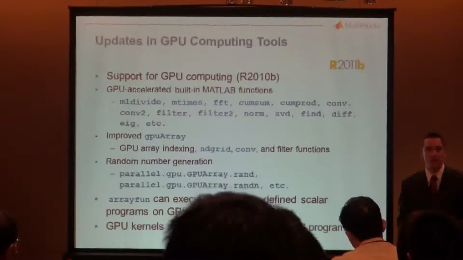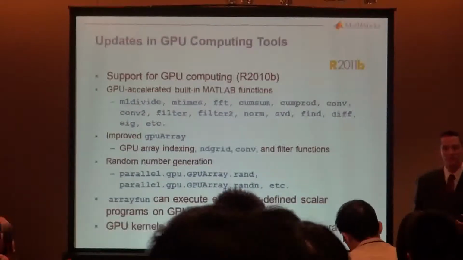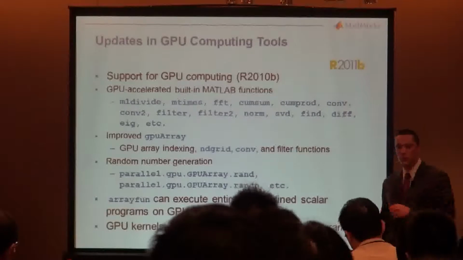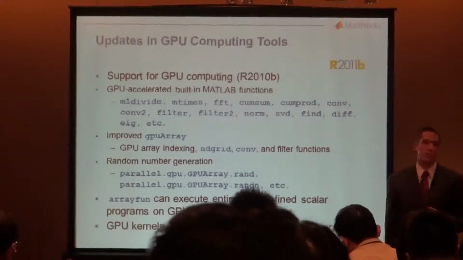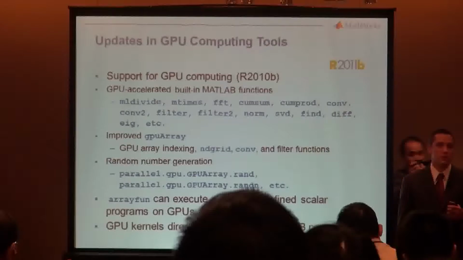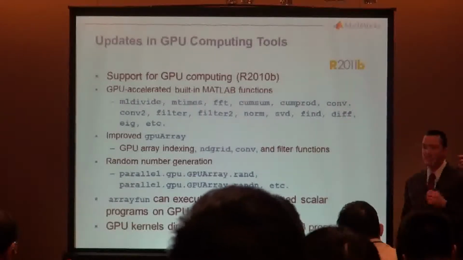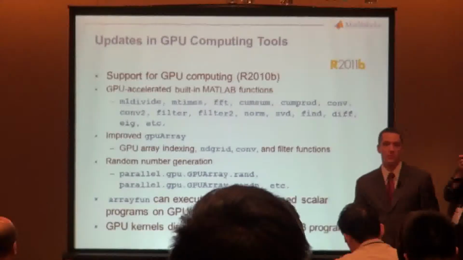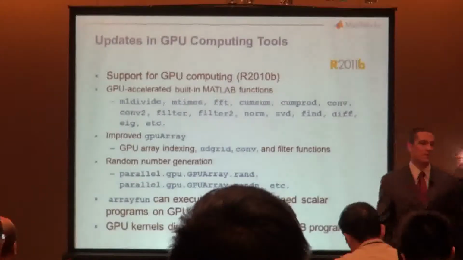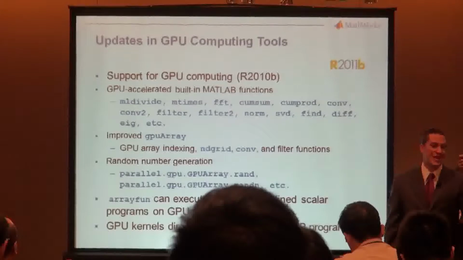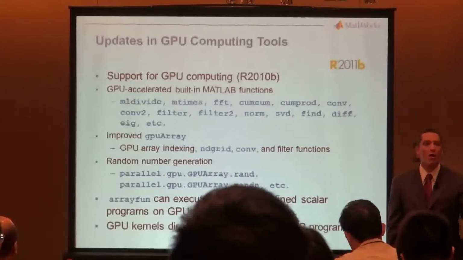For GPU, or graphical processing unit, we'll show a little introduction today. I know there's another session later today from NVIDIA to talk more about it. GPU accelerated built-in functions in Matlab. No reprogramming necessary, just a simple step of putting the data onto the GPU card, calling these functions.